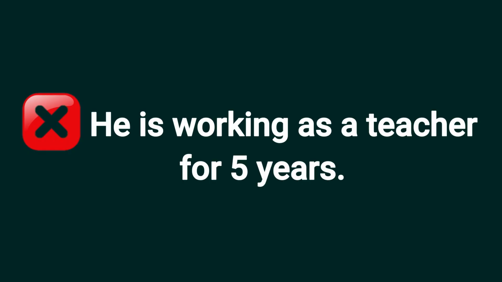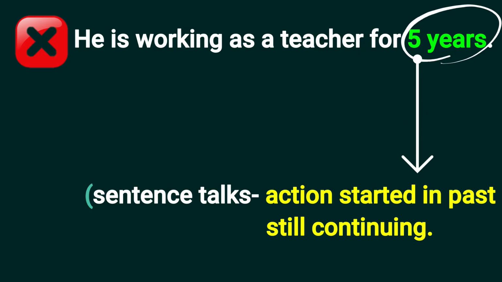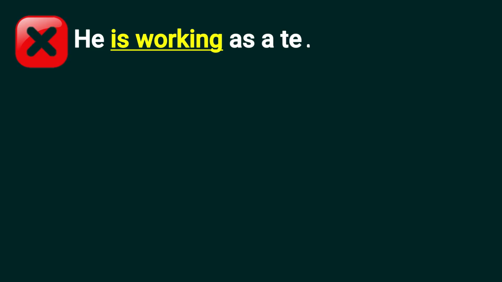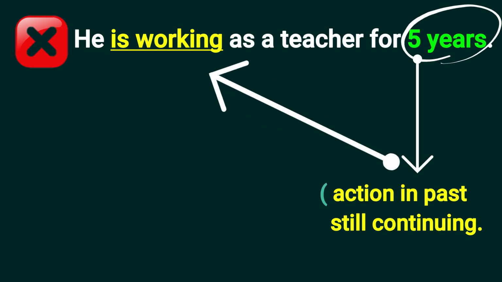So let's begin. Number one: he is working as a teacher for 5 years. Let's find out the mistake in the sentence. In this sentence, because of "5 years", the sentence talks about an action that started in the past and still continues. So using "is working" is wrong.